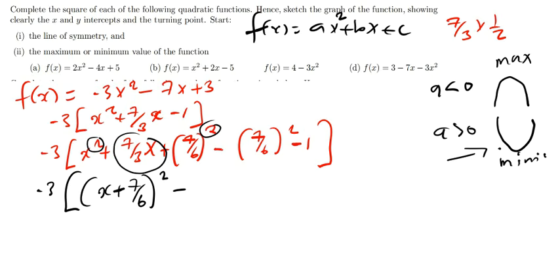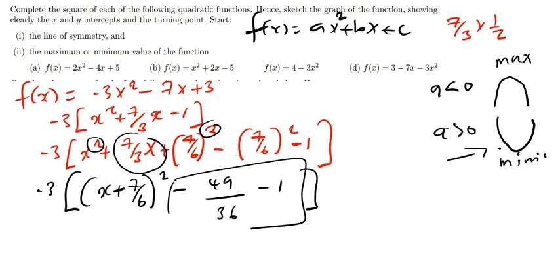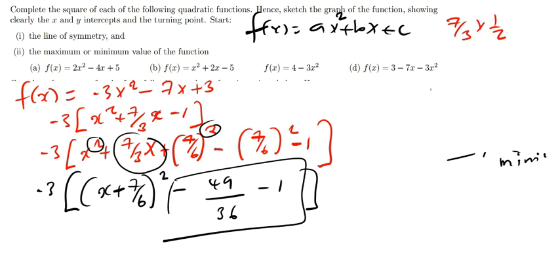So we have minus 7 squared is 49, 6 squared is 36, minus 1. At this point, if you want, you can open the brackets, but you can first simplify this. So we are going to say 49 divided by 36 minus 1.